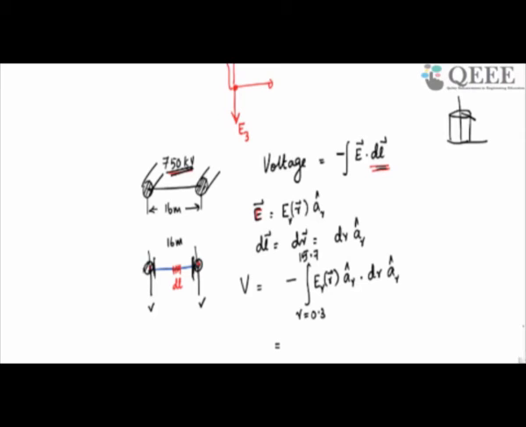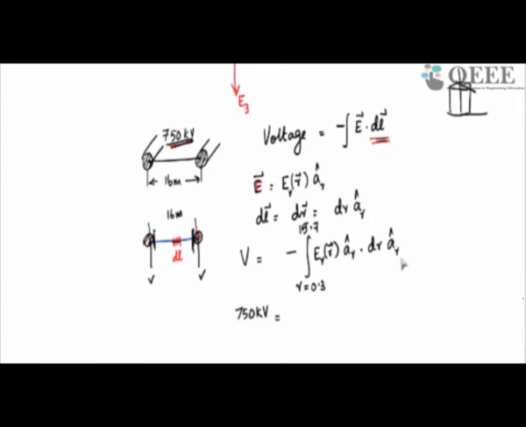If I perform this integration, I know the left hand side is 750 kilovolt and the right hand side, these two dot products will give me 1. So, I get ER, I have already derived what ER is, it is rho L divided by 2 pi epsilon naught R. So, now R is inside my integration.